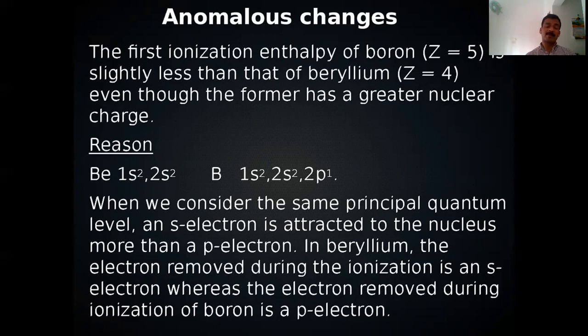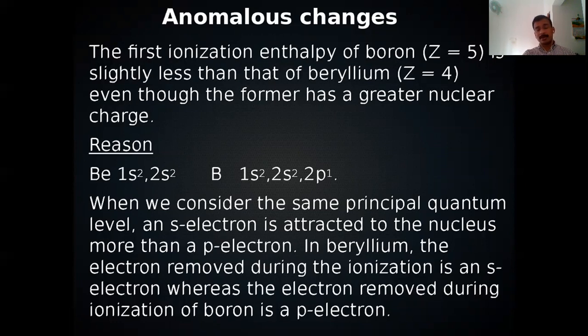So here we can identify 2 reasons. S electrons are very close to the nucleus, so removal of an s electron is more difficult than removal of a p electron. The second one, 1s2, 2s2 is a stable configuration. 1s2, 2s2, 2p1 is not stable as compared to the 1s2, 2s2 configuration of beryllium.